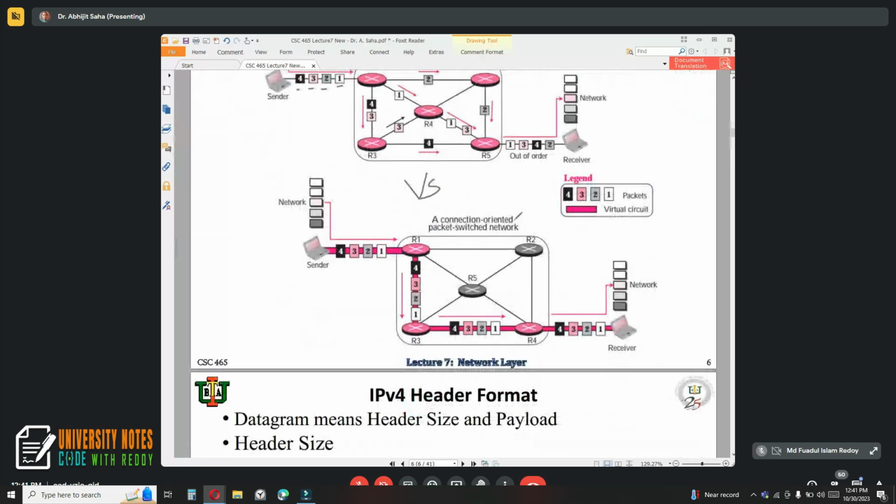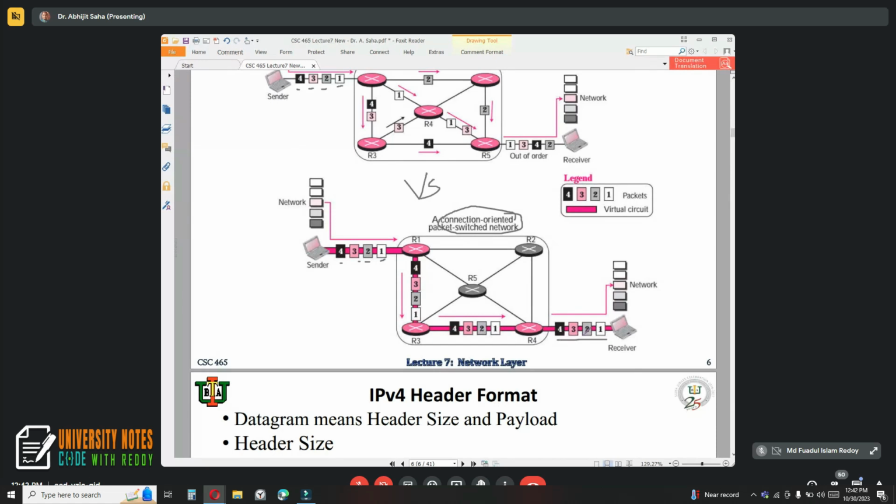Now if you're coming to connection oriented, that means the sender is going to force the smaller manageable packets it has created to be sent in a single path, I mean a created path, the same path. All the 4 packets are going to move serially, following the same path.